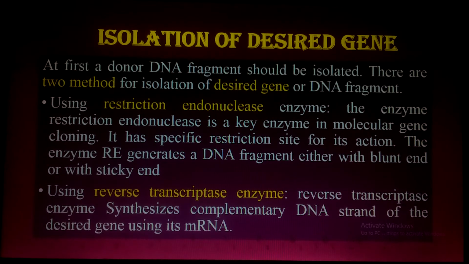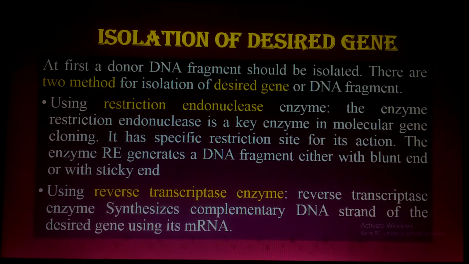Now, what is reverse transcriptase? Reverse transcriptase enzymes are those enzymes which synthesize the DNA from RNA. Is it clear? If you have no concept of it, must read about that. What are the restriction endonucleases, reverse transcriptase enzymes? So reverse transcriptase enzymes help in the formation of the DNA from RNA.